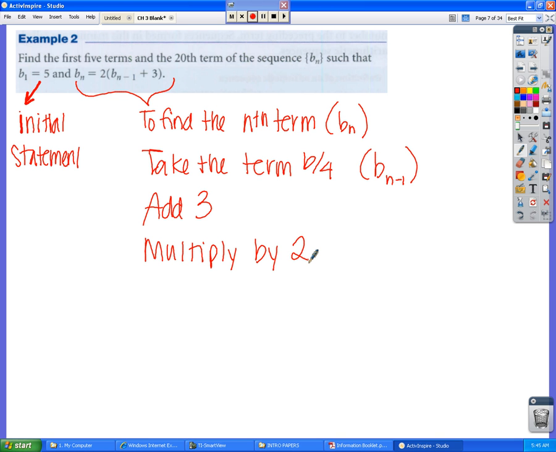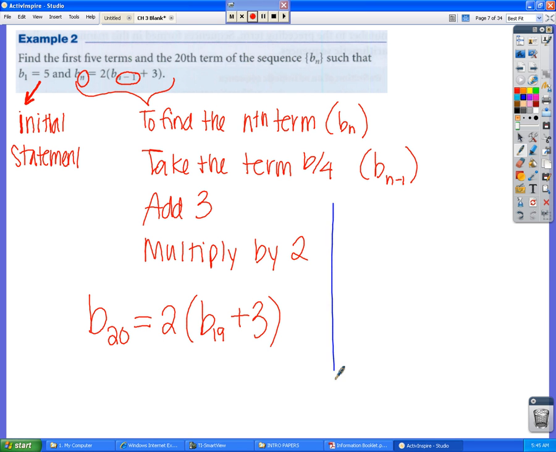What you really want to notice, if this is n, then this b over here uses n minus 1. So if I want the 20th term, and here's a reason we're not going to find it, I would have to know 2 times the 19th term plus 3. But I don't know the 19th term, I only know the first term, so therefore I would need the 18th, which in turn, pretty much you would have to start from b sub 1, go all the way up.